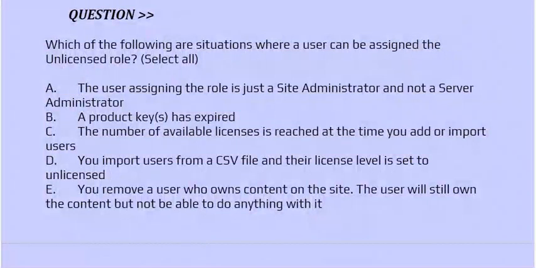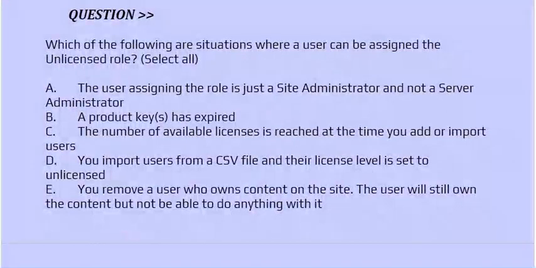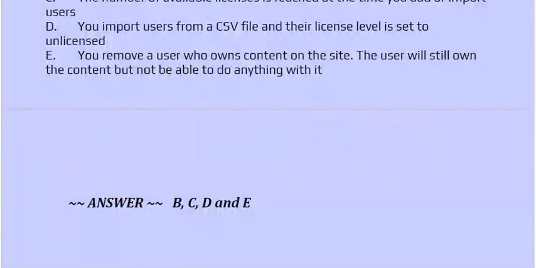Option D. You import users from a CSV file and their license level is set to unlicensed. Option E. You remove a user who owns content on the site. The user will still own the content but not be able to do anything with it. Correct answer is option B, C, D and option E.